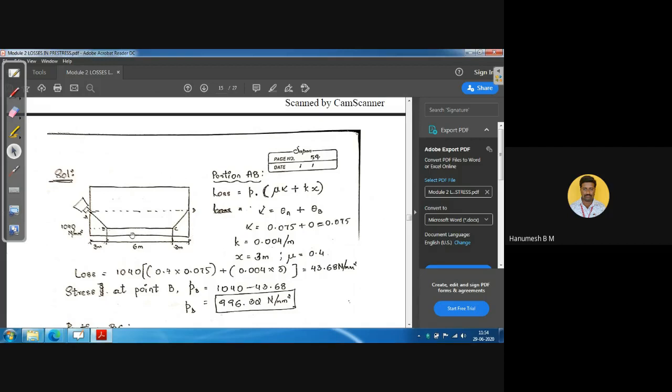Therefore, the central 6 meter cable is horizontal. Now I can mark it here. From B to C, the central 6 meter is horizontal. So central portion is 6 meter. From B to A and from C to D, it is linearly bent. Means the cables are linearly varying.